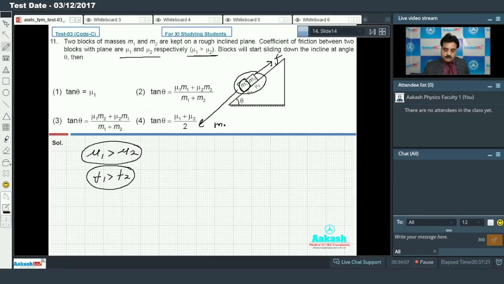And the direction of friction force is this. Along the direction of motion there will be the component of weight, m1 plus m2 into g sin theta, because they are moving together.